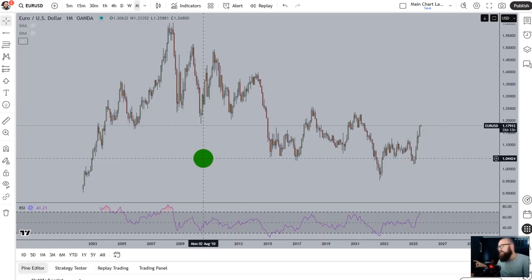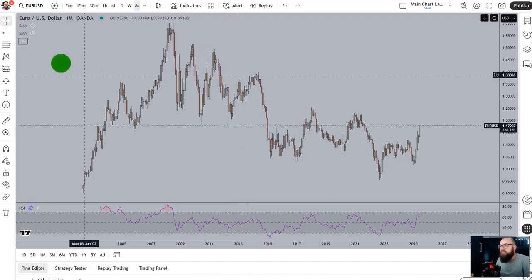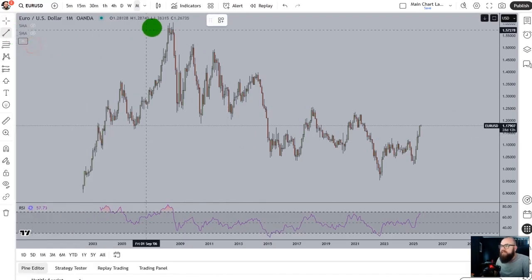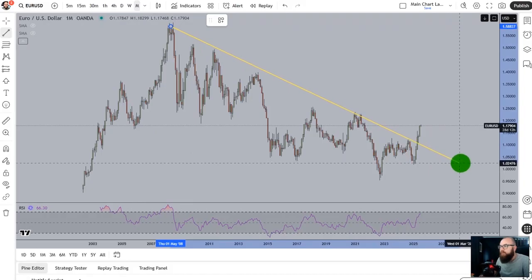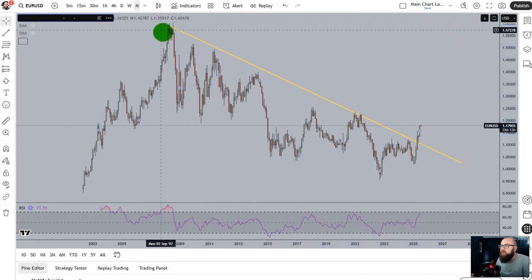Can you connect any together to create a diagonal support or diagonal resistance? Pause the video if you need to. There's definitely something here. Okay, I'll draw it something like that, where we have this diagonal area where price keeps reversing.